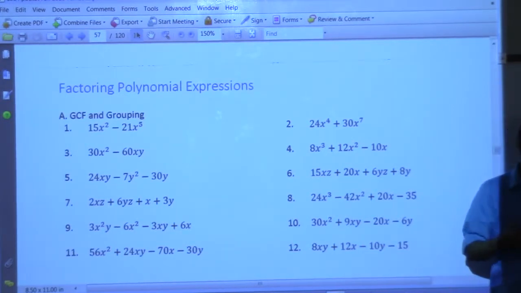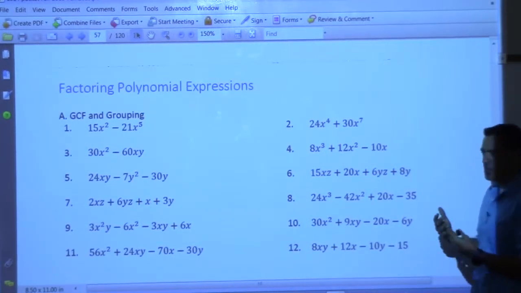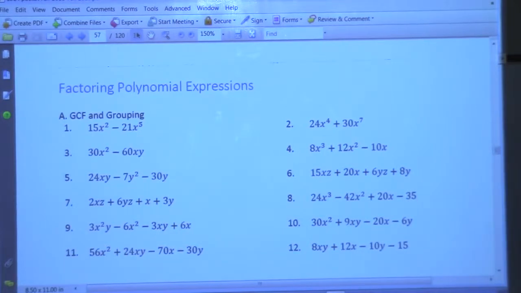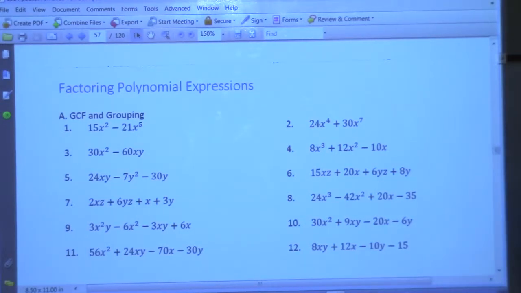You really need several weeks to do factoring correctly. Each one of you is coming in at a different level in terms of what you've learned in the past. I can try as much as I can, get up here and show you examples, give you methods. But if you find yourself struggling, it's because you need more practice. So I would encourage you to go to the lab or come to my office if you need something.